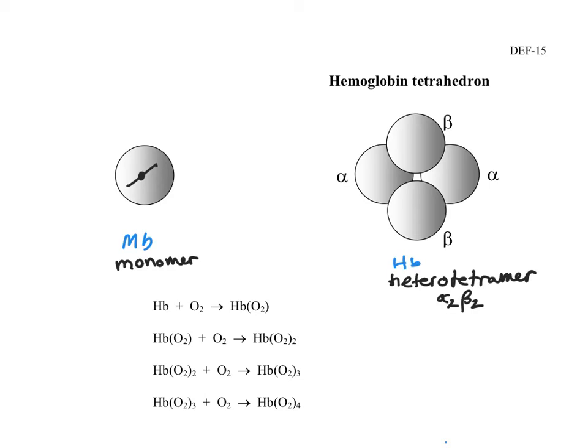The key is that they all have a heme and they all have an iron. So, unlike myoglobin, in which one protein can bind one oxygen, hemoglobin has one protein that can bind 4 oxygens because it has 4 irons.